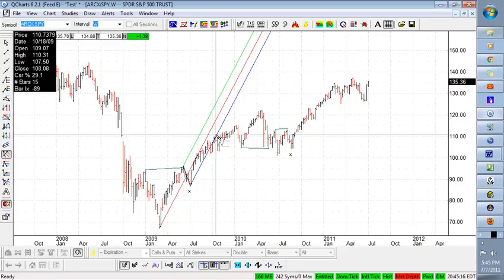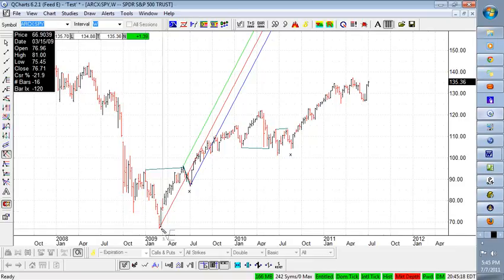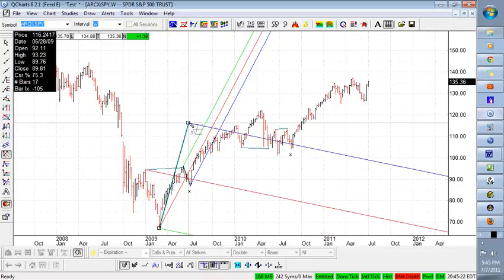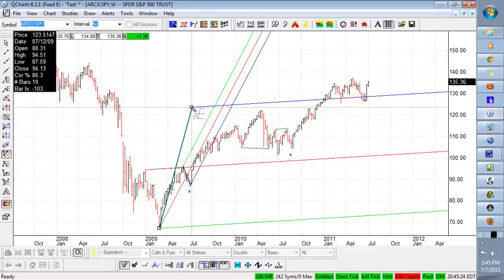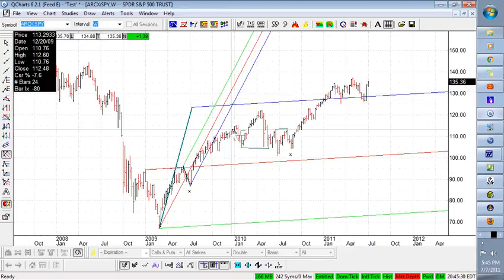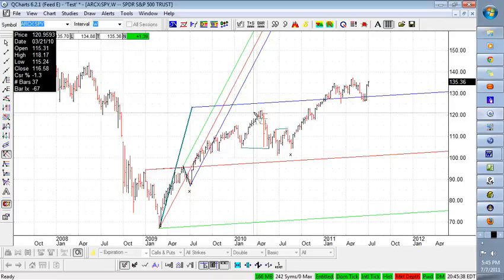They come down, boom. Not a bad place to get out. Let's see where the static target would have taken you. The static target would have you waiting for prices to come way up to here, which is not a problem, because if somebody gets out here and then later on gets in here and takes the ride up, they wind up missing out on all this gut churning up and down.